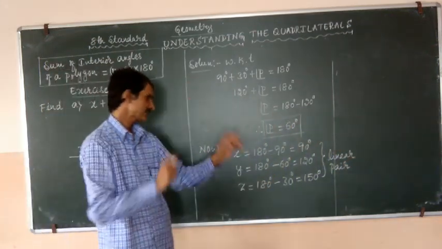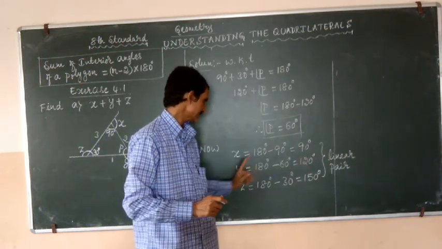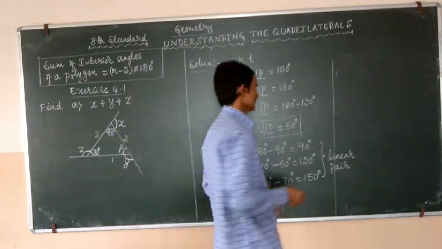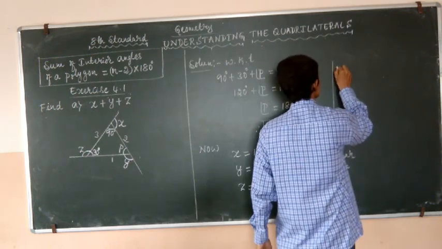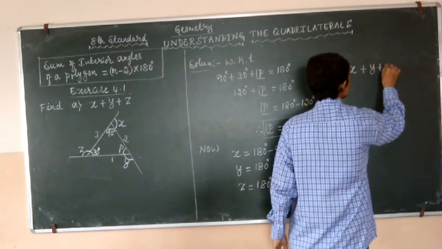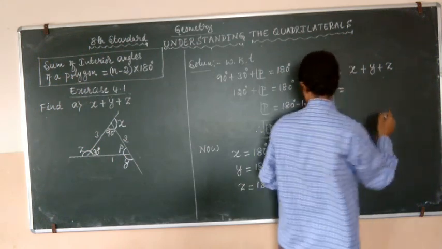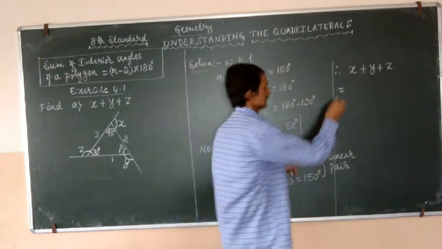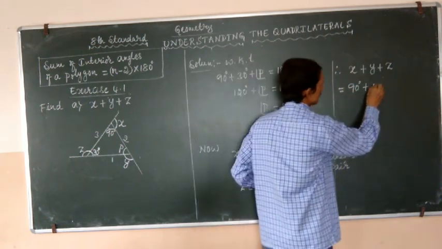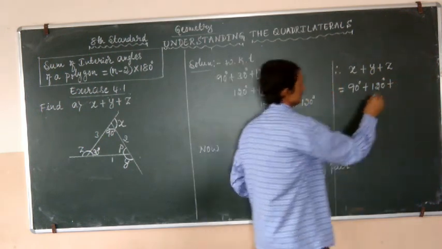Now we have found the value of the angles x, y, z. Angle x is 90 degree, angle y is 120 degree, angle z is 150 degree.